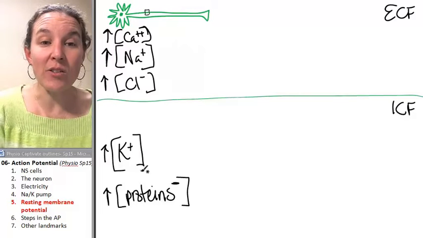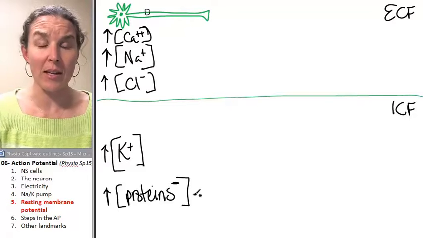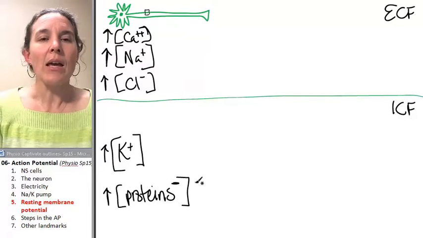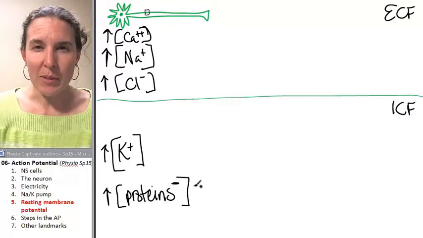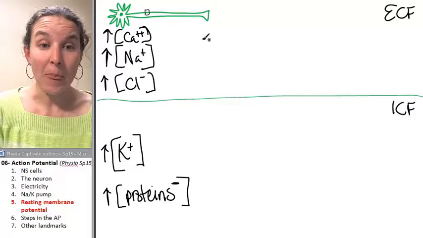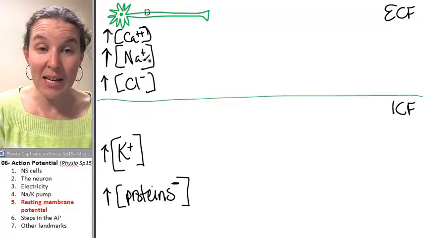These are some characteristics that are going to be significant when we're talking about establishing this membrane potential. Okay. The sodium-potassium pump is at work. It's pumping potassium in and sodium out, so it's definitely maintaining that part.